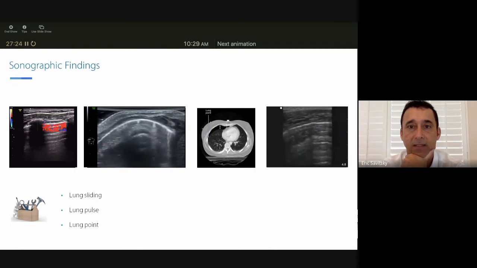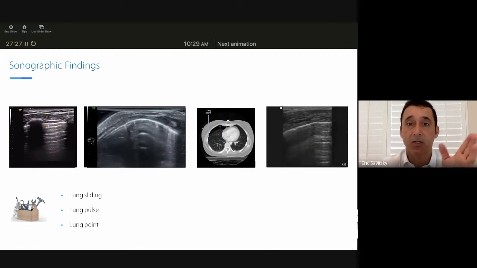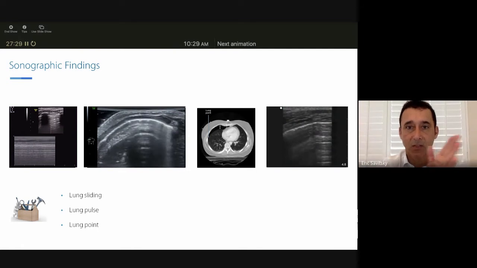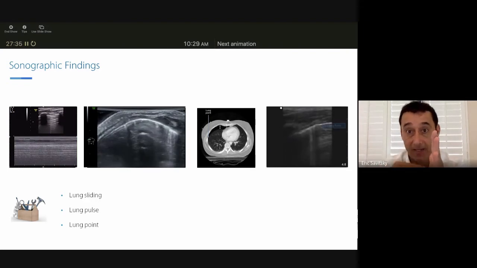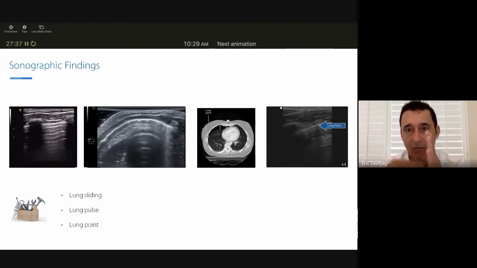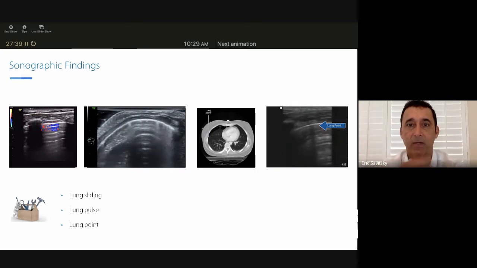When you look within this image, along the left of the image you see lung sliding. And then there's a discrete point where that lung sliding stops. And along the right side of the image, you see very static A-lines, that reverberation artifact. That transition point is a lung point.